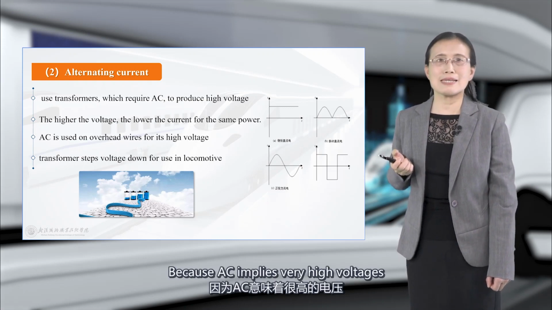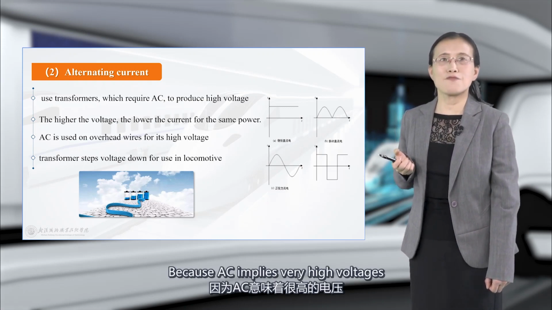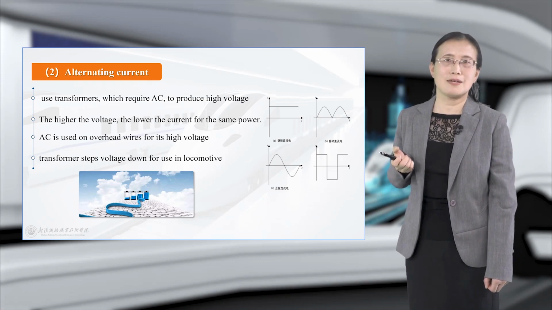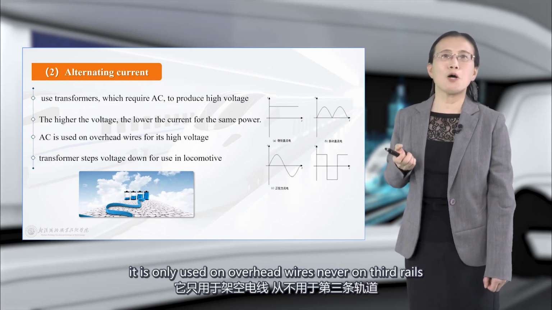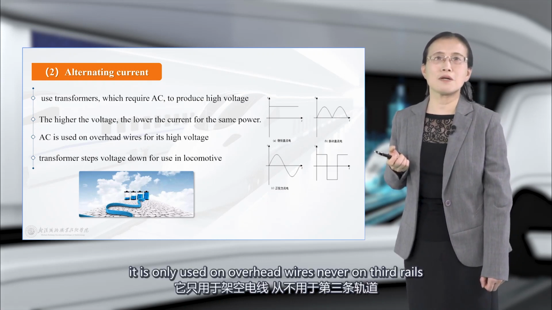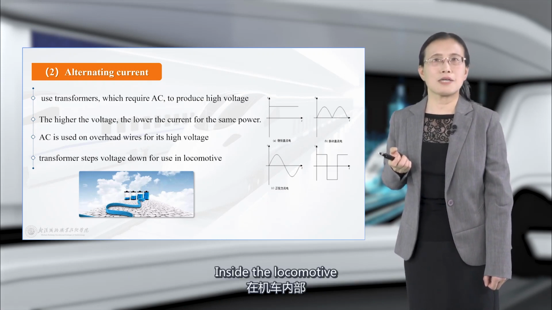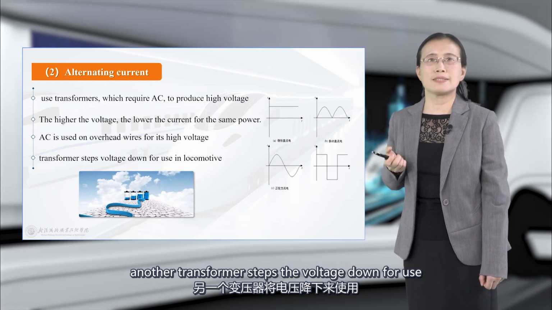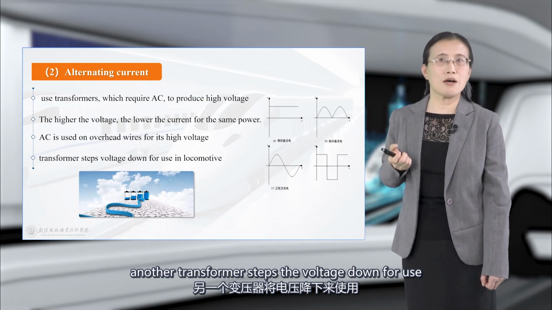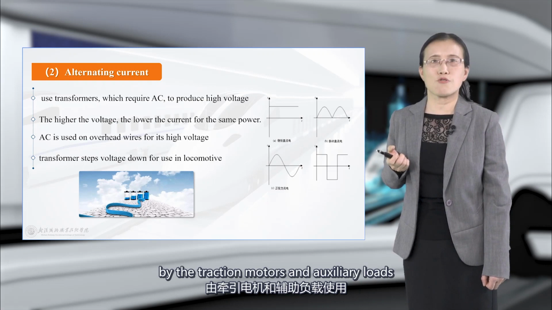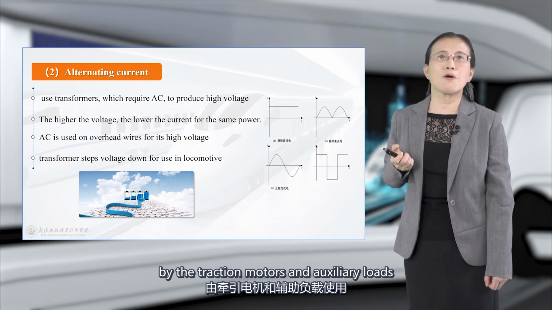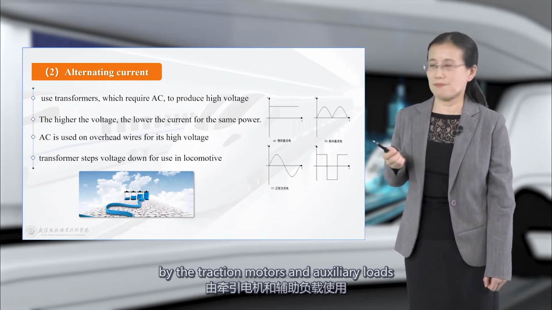Because AC implies very high voltages, it is only used on overhead wires, never on third rails. Inside the locomotive, another transformer steps the voltage down for use by the traction motors and auxiliary loads.